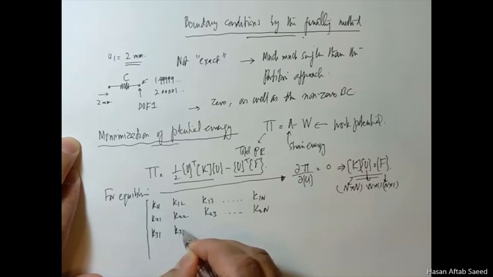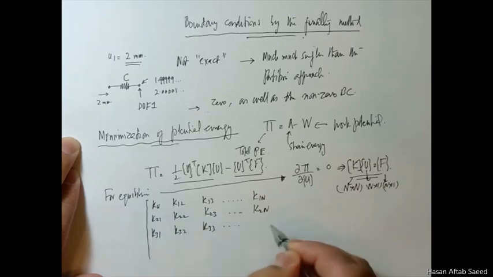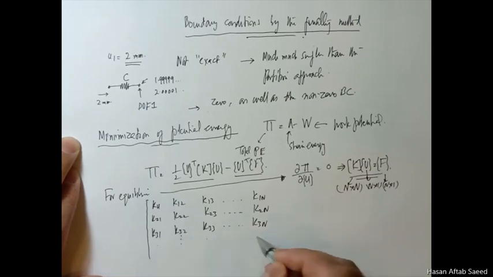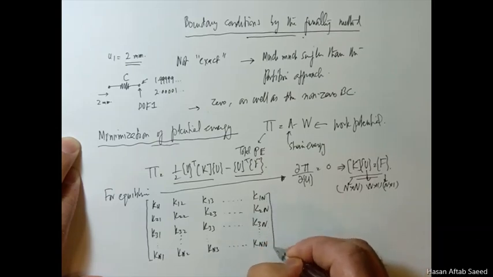Similarly, k31, k32, k33, and so on, and then you have k3n. And finally, because we are talking about a general system, you have kn1, kn2, kn3, knn. This is your total system.